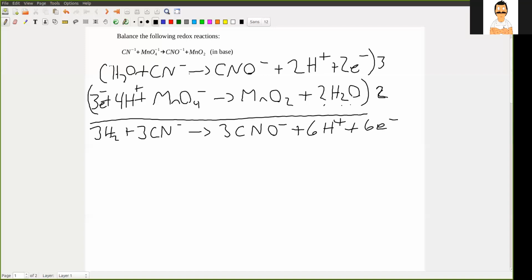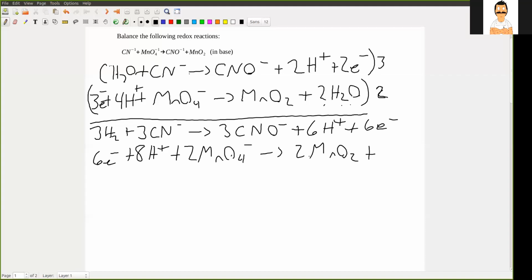And then on the second equation, we end up with 6 electrons plus 8 protons plus 2 permanganates, down to 2 manganese oxide.